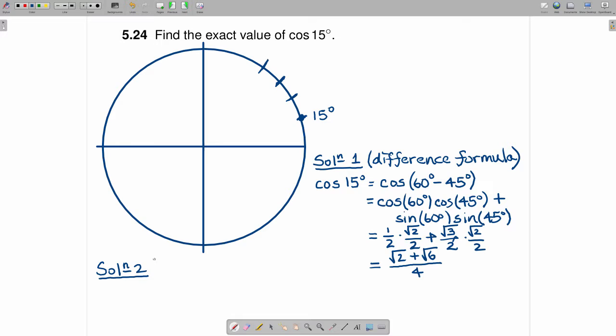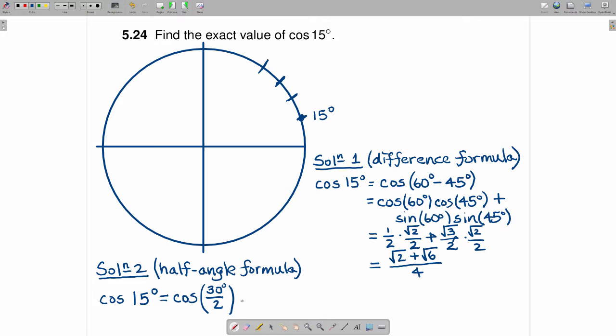And solution 2 is something known as a half angle formula. Here's the way that works. If we want the cosine of 15 degrees, that's going to be the same as the cosine of 30 degrees divided by 2. 30 degrees is an angle that we know of.